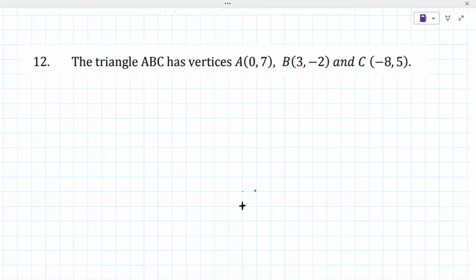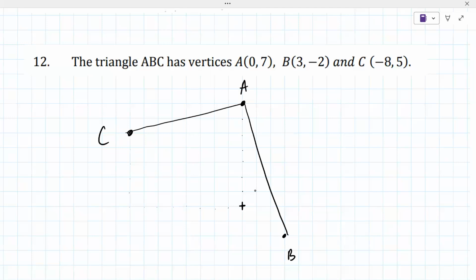All right. So A, 1, 2, 3, 4, 5, 6, 7. So there's A up there somewhere. B is down there. And then C, minus 8. 1, 2, 3, 4, 5, 6, 7, 8. All right, so there's C. You have a triangle that looks something like that on your paper there. Let me write the points real quick.